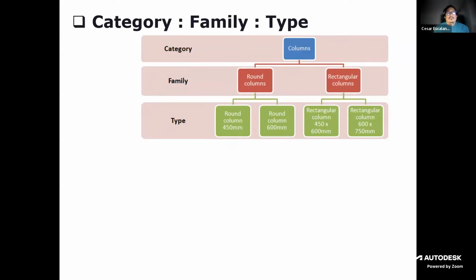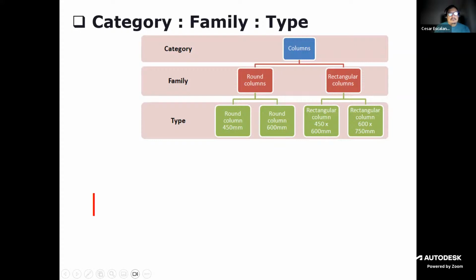And all columns in Revit are created very similarly. Categories in Revit are given by Revit. You don't create them. Categories are fixed. It's a fixed set of classification system.